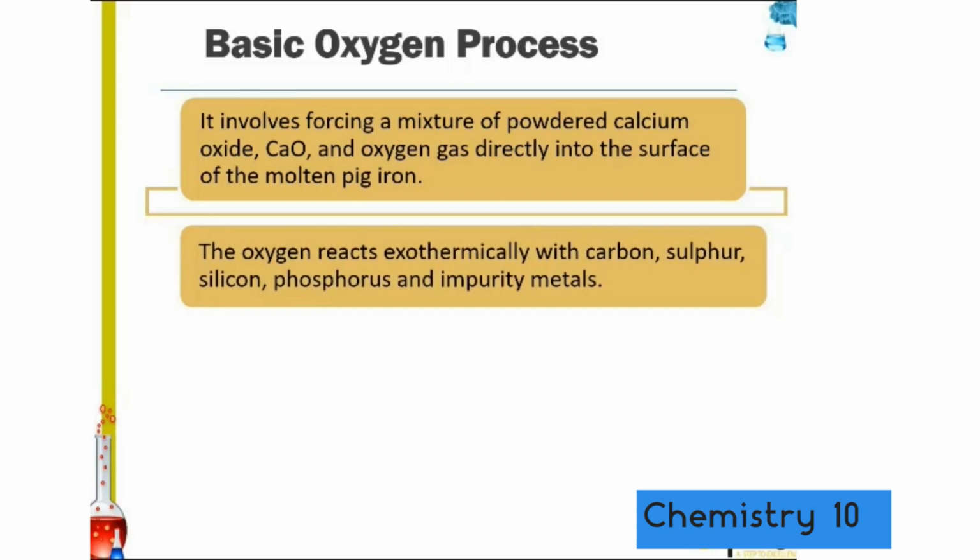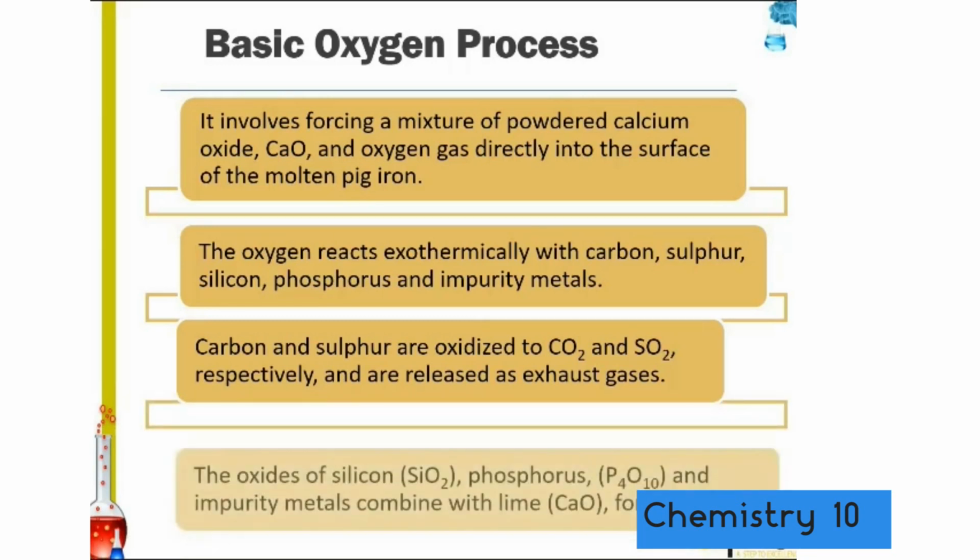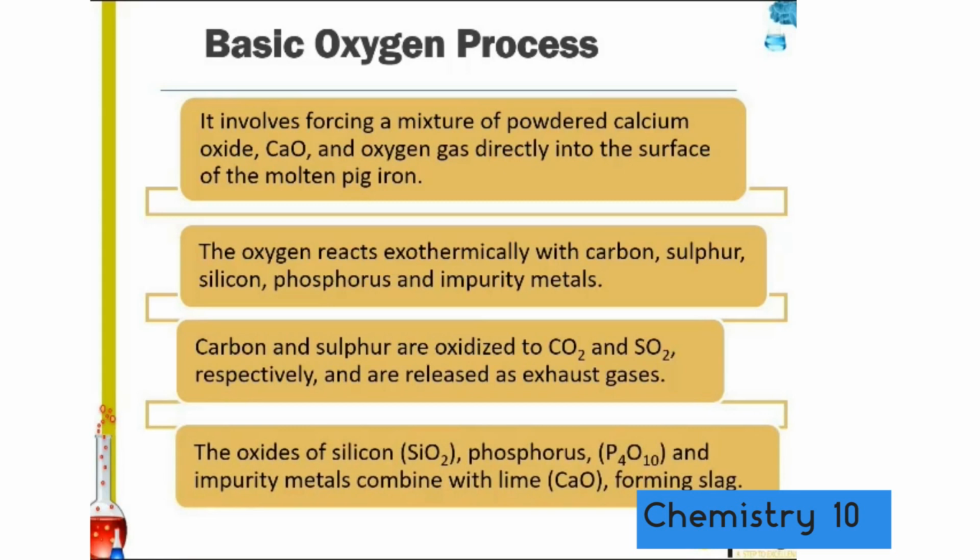The oxygen reacts exothermically with carbon, sulfur, silicon, phosphorus, and impurity metals. Carbon and sulfur are oxidized to form carbon dioxide and sulfur dioxide respectively, and these are released as waste gases. The oxides of silicon and phosphorus, as well as the impurity metals, combine with the lime to form a slag.